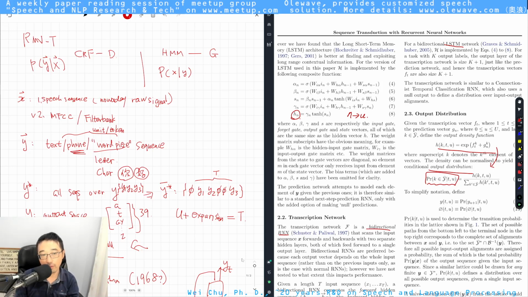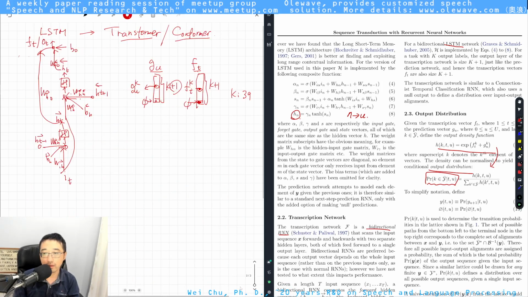The k belongs to the label set, one of the phonemes. He then simplified the notation. This is also just terminology, just so as not to type so many things. This one is this, and this one is this. This is very important. We will use it in the following material.